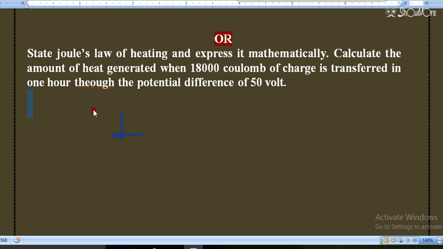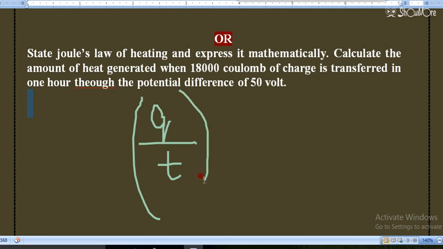Heat is equal to I square into R into T. I is equal to Q by T, because Q by T is charge per time, that is current. So heat is equal to (Q by T) square into R into T.